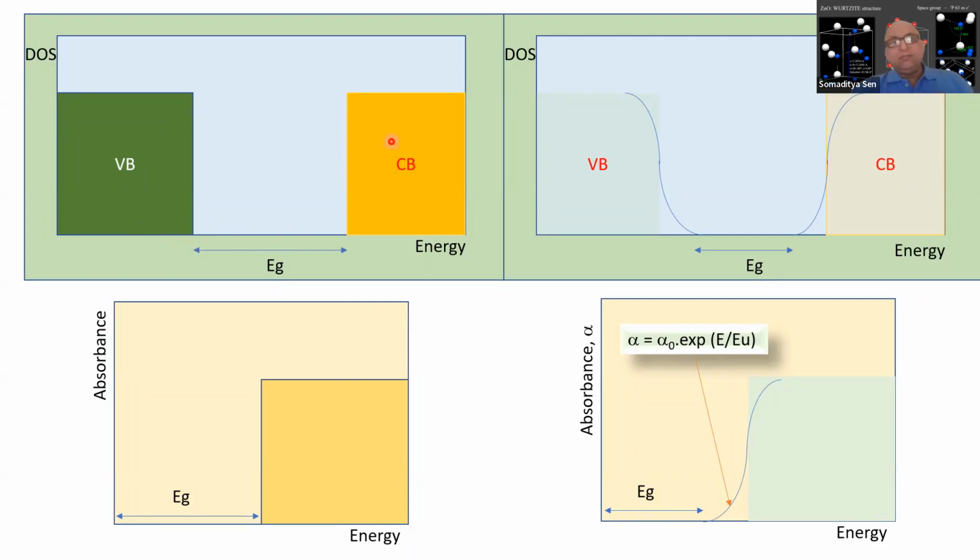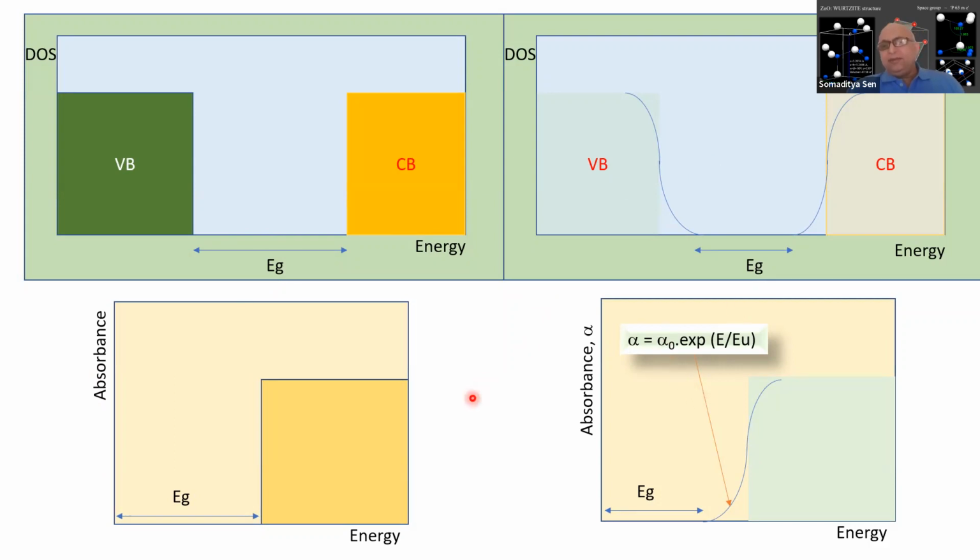Similarly, the conduction band starts from one point where there are no states, and then all of a sudden there are states. So the band gap is given by the difference of these two bands. If we do absorption spectroscopy, if the energy is lesser than Eg there will be no absorption, and when E is equal to Eg, then we have a sharp absorption. So this should be the absorption spectrum, ideally.